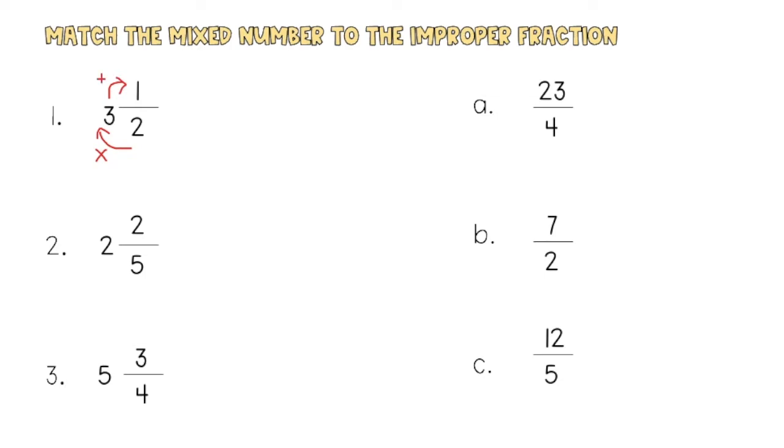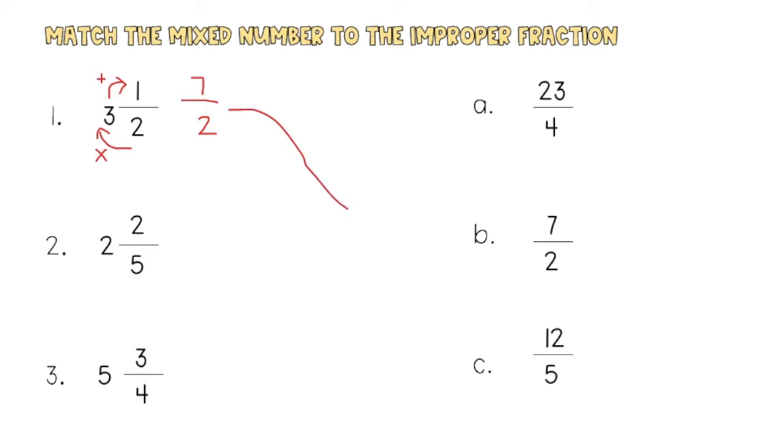So let's break that up a little bit. So 2 times 3 equals 6, plus 1 equals 7. We're going to keep our denominator the same. So 3 and 1/2 is the same as 7 over 2.